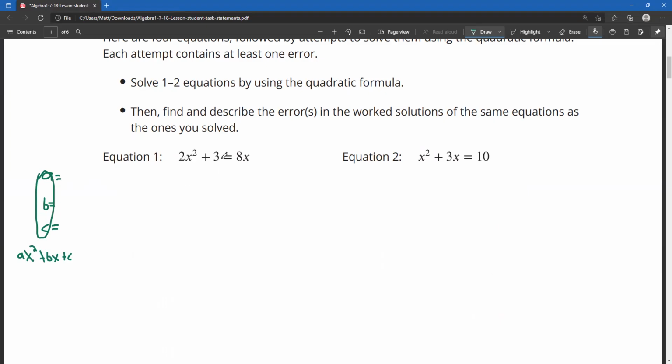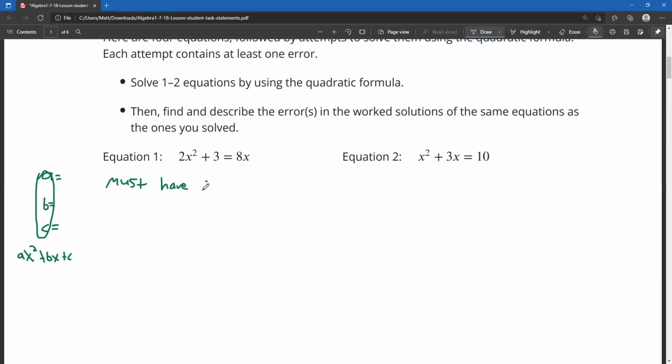In equation 1, 2x squared and 3 are on one side, but then 8x is on the other side. So we have to bring that over so that we have something that looks like standard form. And not to mention, you can't even apply the quadratic formula unless you have standard form equal to 0. So that's another motivation for why we have to do what we have to do.